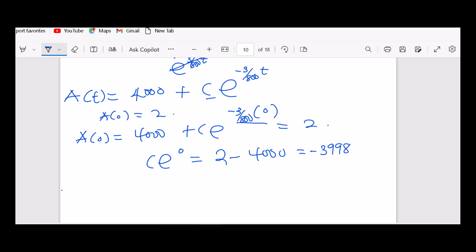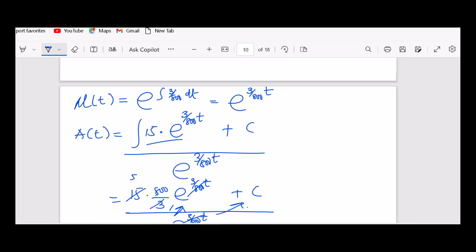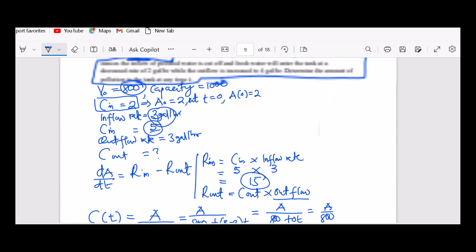Rewriting our model function, A of t equals 4,000 minus 3,998 e power negative 3 over 800 t. This is our model. But let's go back to the question and read it again. We have solved the first part of the question. Let's go back to it and continue with the rest.